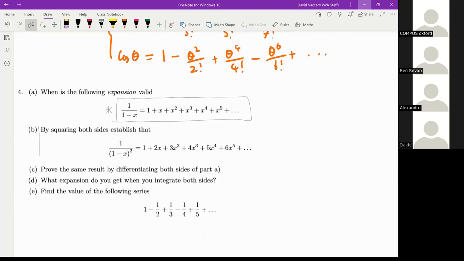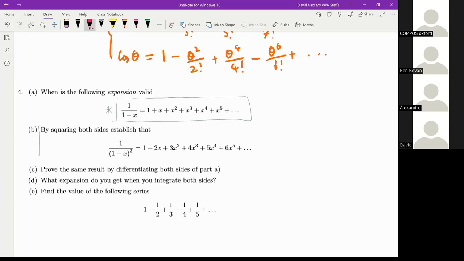Right, let's look at what it says. It says by squaring both sides. Okay, now here I'm going to lose my mathematician's instinct and be rather fearless, and not worry too much about whether it's justified to multiply infinite series and open infinite brackets the way we would normal brackets.